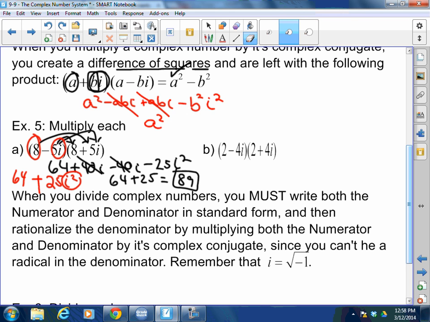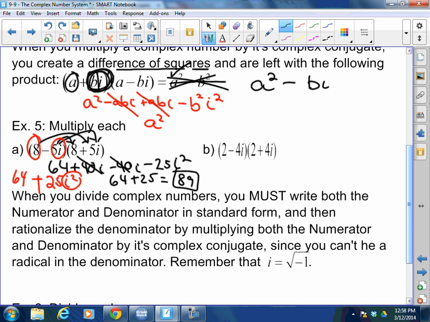Let's do it like this. Because this is really considered your b term. Your first term squared minus your second term, which is bi squared. Does that make sense? And it also works if you just go the a term plus just the real part of the imaginary squared.